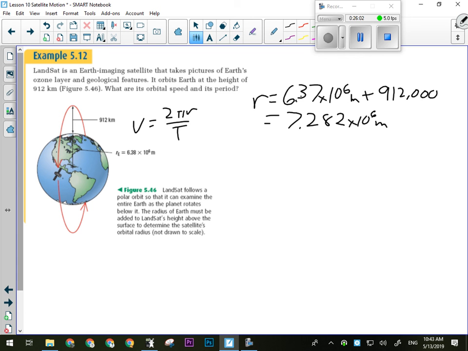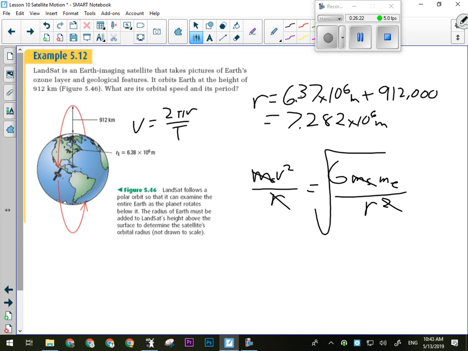So let's find out what the speed of Landsat is right now. This would be the mass of the satellite times v squared divided by r, equals big G times the mass of the satellite times the mass of Earth over the radius squared. We're looking for v, so we move r over, the mass of the satellite cancels, and we take the square root, same as we did before.